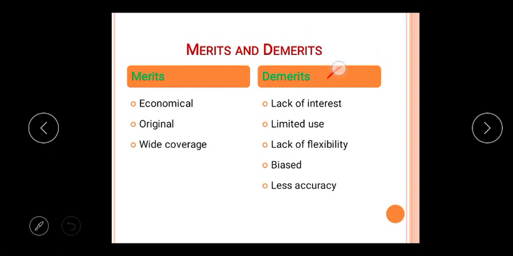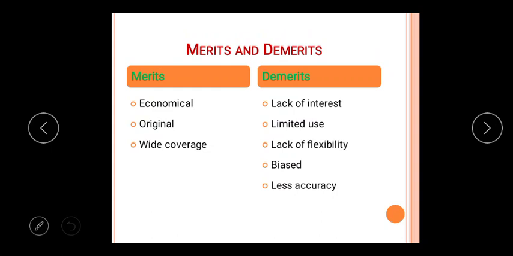Now, the demerits or the limitations of this method. Students, the first important limitation of this method is related to the lack of interest by the informants. Usually, the informants do not take interest in the questionnaire, thus they either fail to return the questionnaire or send the questionnaire with incomplete answers.